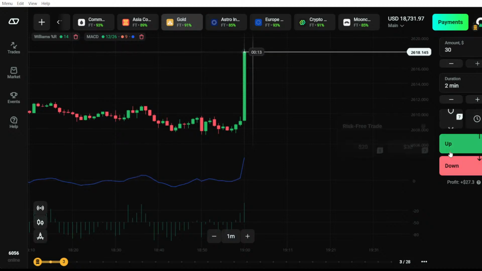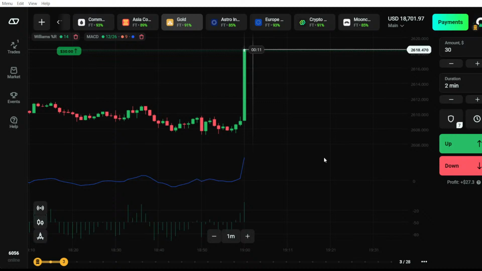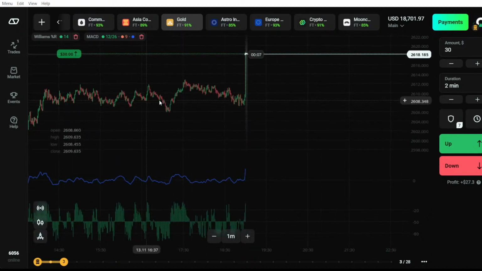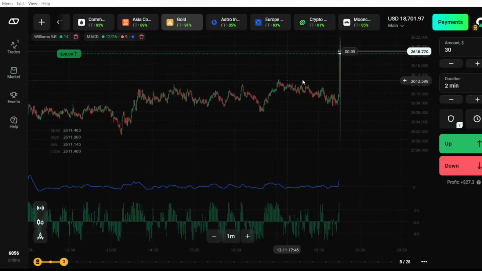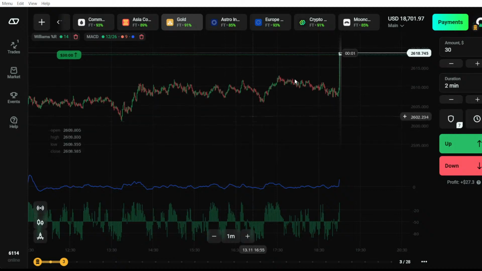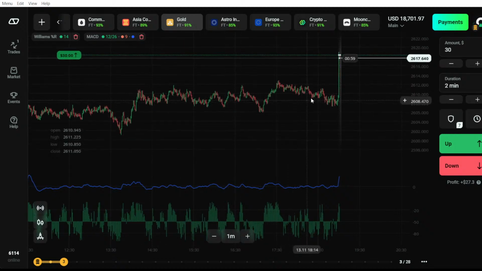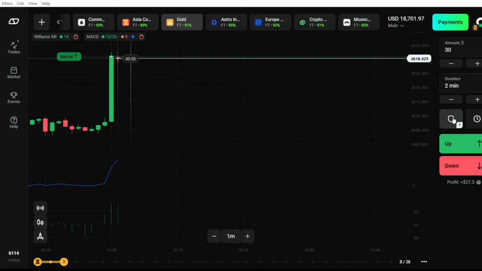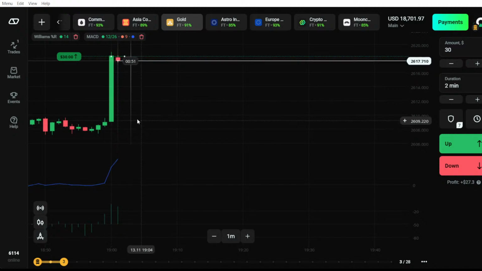Let's take a trade with $30 for 2 minutes, and if the market goes in the downward direction, we will again take a trade in the downward as well, because I'm sure that there is some data which floated into the market, and now the market will try to recover it. So there is a possibility that the market will go downwards as well.